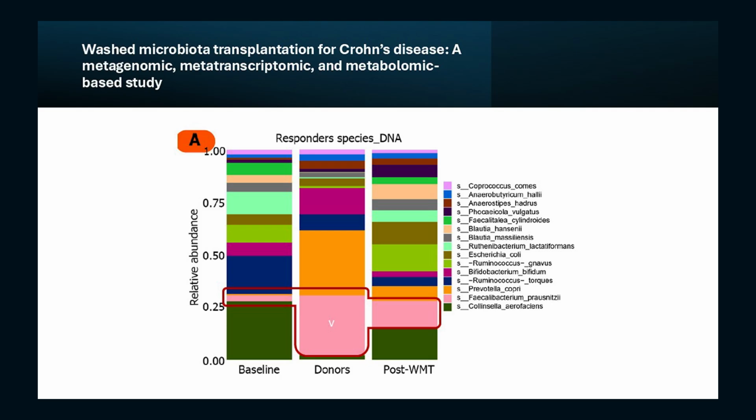F. prausnitzii is a key player in the health of the microbiome and is the poster child for all other health promoters. You can get a much better idea of how it and others like it help from my video dedicated to it.